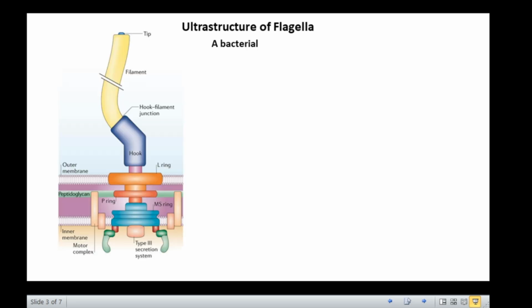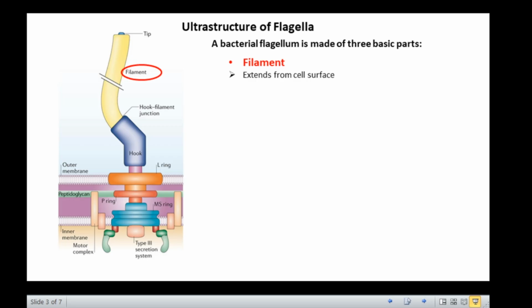Let us now discuss the ultrastructure of flagella. A bacterial flagellum has three basic parts: a filament, a hook, and a basal body. The filament is the rigid helical structure that extends from the cell surface.